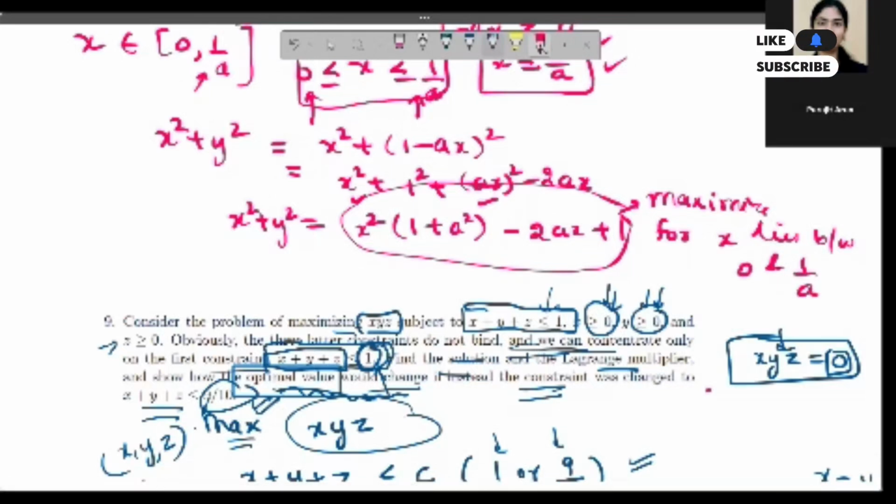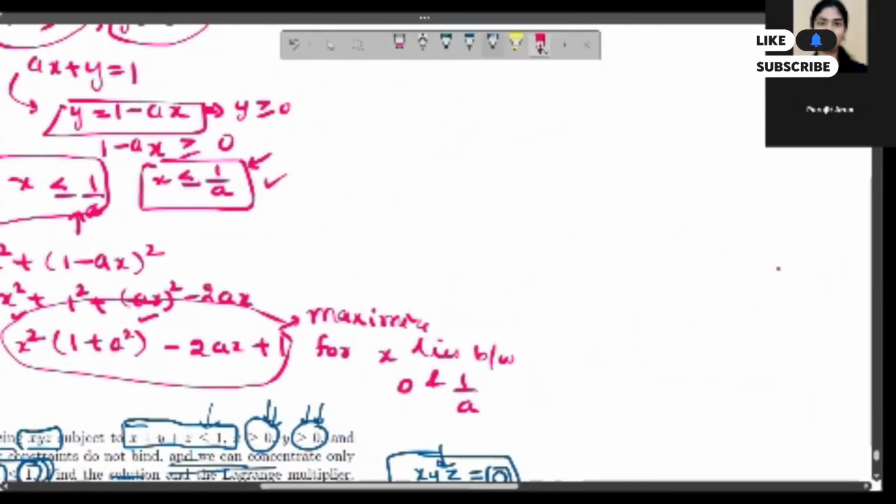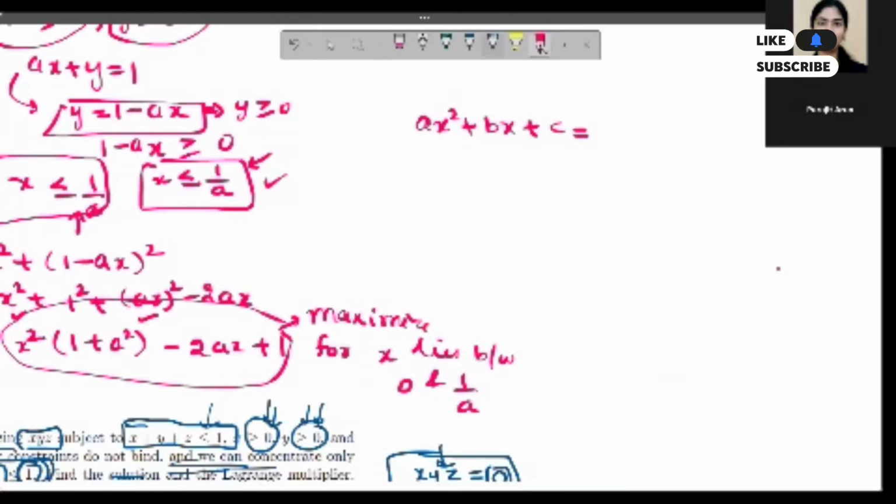Now tell me, only by looking at the equation, of course it is a quadratic equation, so it will give me graphically a parabola. Can you tell me whether it is going to be an upward parabola or a downward parabola? It depends on which factor? Ma'am, the sign of a.